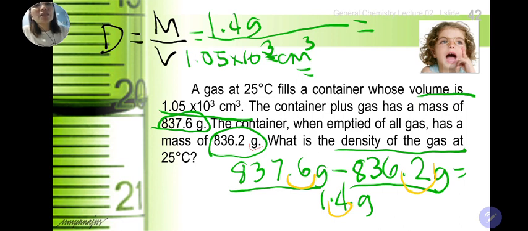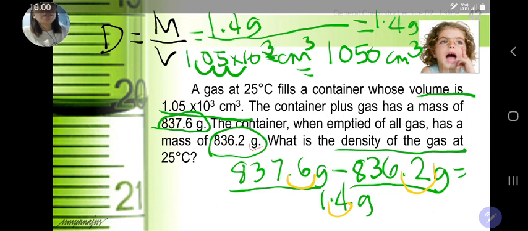So, from this, 1, 2, 3. So, with this space, we will add another 0. So, that would be 1050 centimeter cube. Then, 1.4 grams.